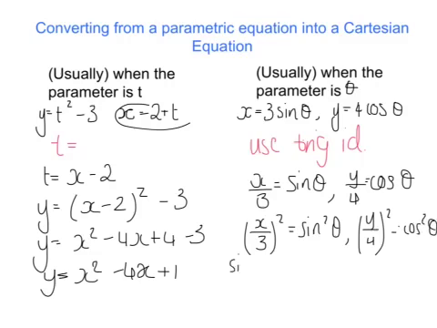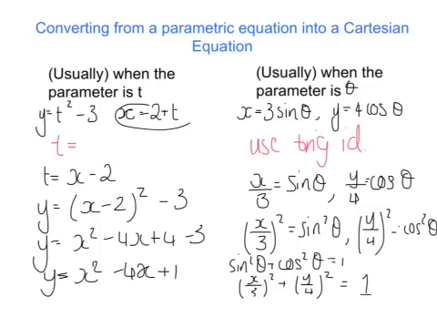Now I know that sine squared theta plus cos squared theta is 1, so (x over 3) squared plus (y over 4) squared must be equal to sine squared theta plus cos squared theta, which is 1. So that's gotten rid of our parametric variable theta and left us with an expression just in terms of x and y.